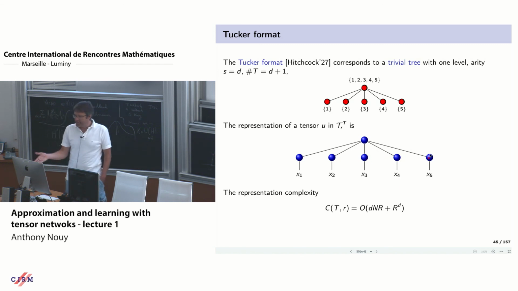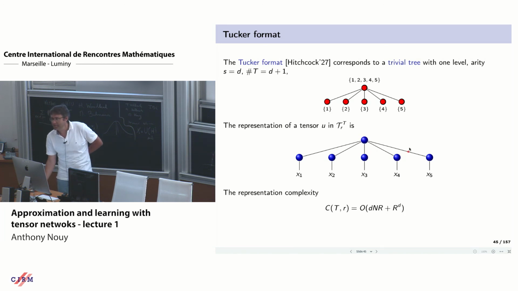And the format is known as the Tucker format. It is a very old format introduced in the, you see, not 2027, 1927. It has been used a lot. It is still used a lot in many applications where you don't have very high dimension, because you see that the tensor which is here, how many indices has?